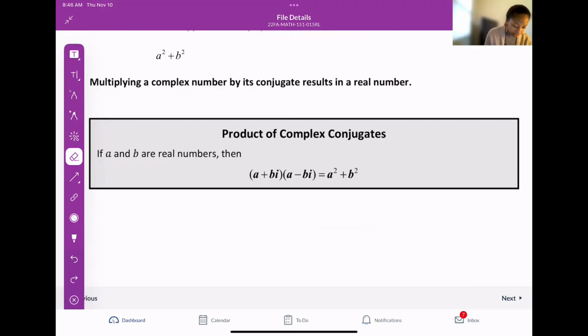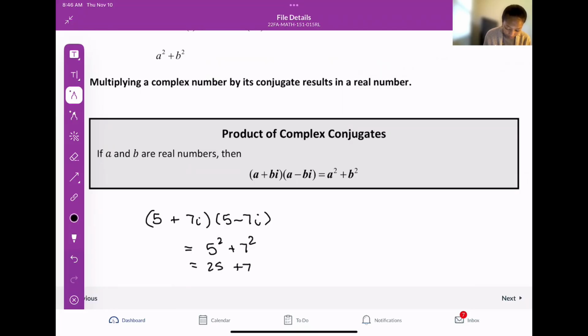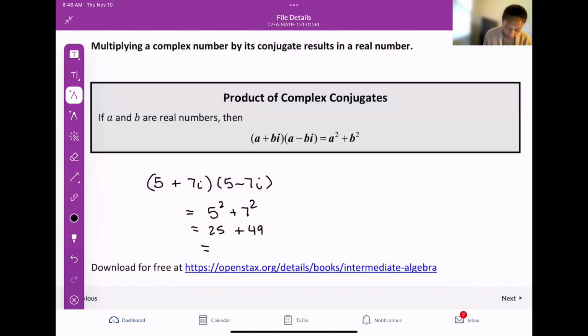If I multiplied, let's just pick one, 5 plus 7i times 5 minus 7i, this is just going to be equal to 5 squared plus 7 squared, which is what? 74. All right, that's going to be a good tool or formula that we can use and remember going forward.